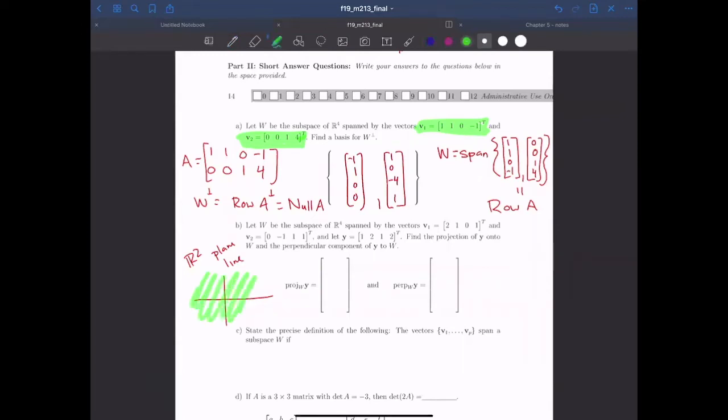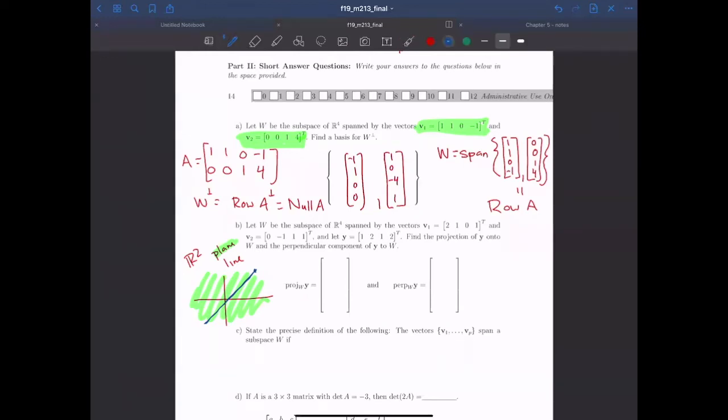So that's my plane. If I draw a line inside of R2, then that line has to intersect the plane in infinitely many different points, because there's just not enough room. But if I move up one dimension to R3, now I can tilt my line so that it points right through the plane.